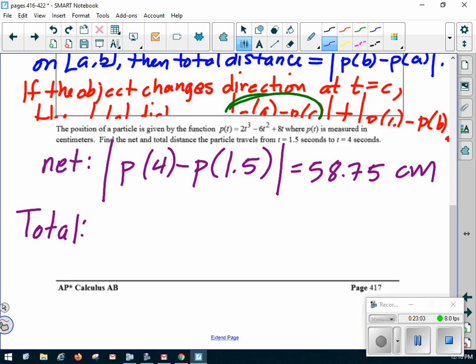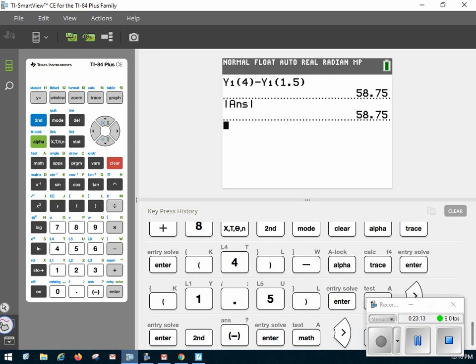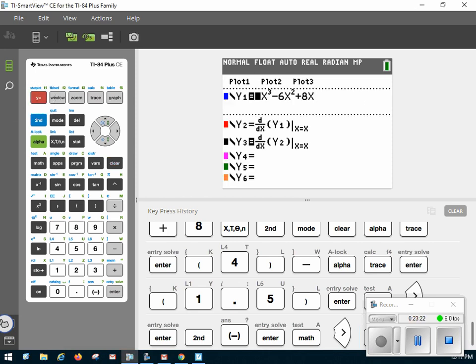Or you can add this. I could, but I'm going to use my calculator. Listen. X-intercepts of the derivative. Because what does the derivative represent?